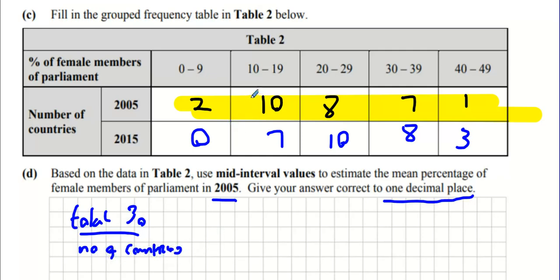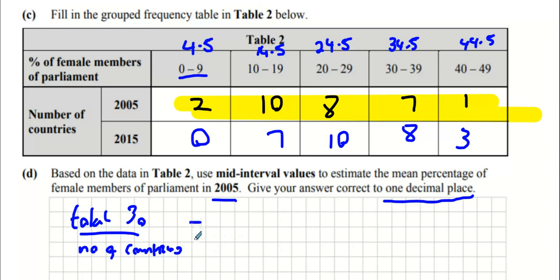Now, to use the middle of the interval, you add 0 and 9 together and halve it to get 4.5. 10 plus 19, halve it, you get 14.5. 20 plus 29, halve it, 24.5. So we're just constantly getting the averages here, 34.5, and then 44.5.